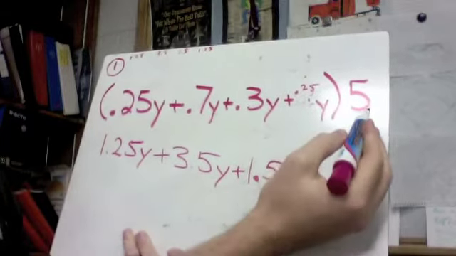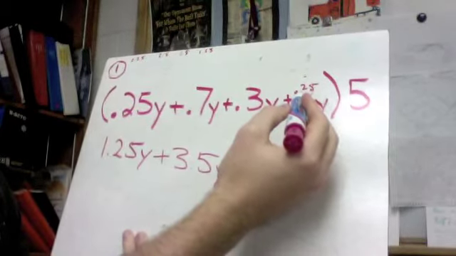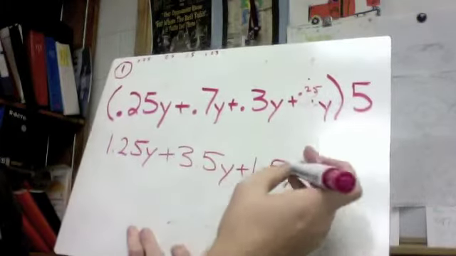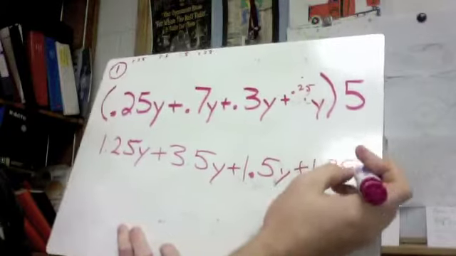And then the last part, if I do 5 times my 0.25 again, which is what we had over here, we again get positive 1.25y.